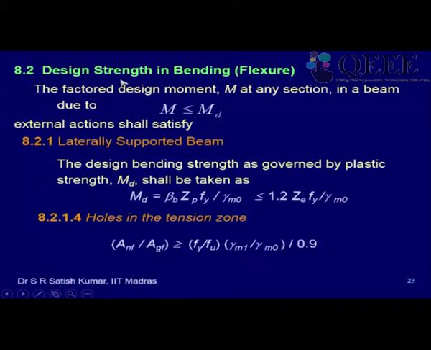Okay, so given that background, we'll see how the code helps us to calculate the lateral buckling strength. So the code says basically the factored bending moment M should be less than the design bending strength, and if the beam is laterally supported, we saw yesterday how to calculate the design bending strength.